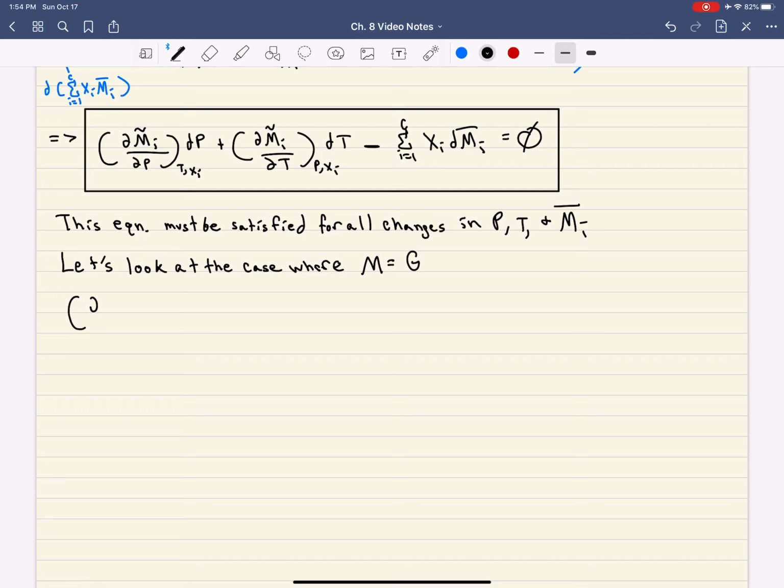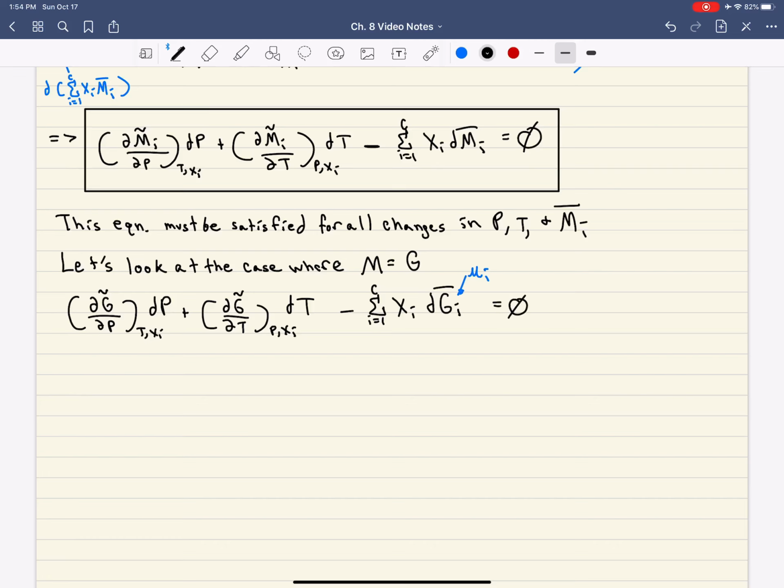And so now we're going to have (dG/dP) at constant T and x_i, dP, plus (dG/dT) at constant P and x_i, dT, minus the summation of x_i dG_i bar, which we know is just written as mu_i. Okay? All this is equal to 0.